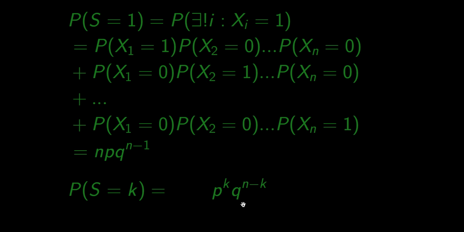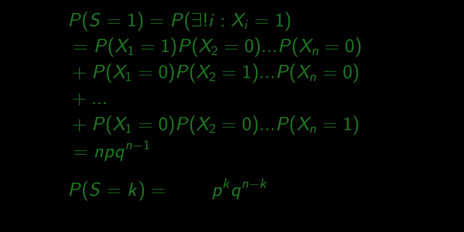Finally, we need to count how many possible combinations there are when we have k heads in n tosses. This is equal to number of ways we choose k elements from a set with n elements.